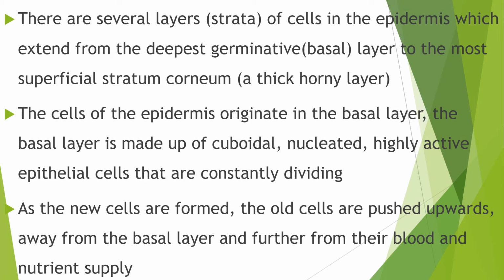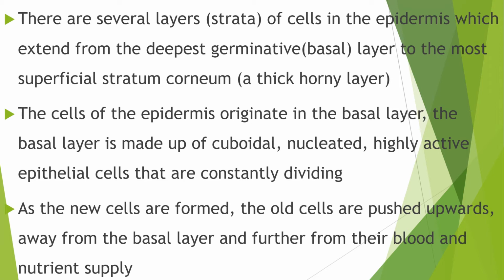Remember that the epidermis is on the top, and below there is the dermis. These cells are generated from the basal layer, which is given to the superficial stratum corneum. This stratum corneum is called the thick horny layer.